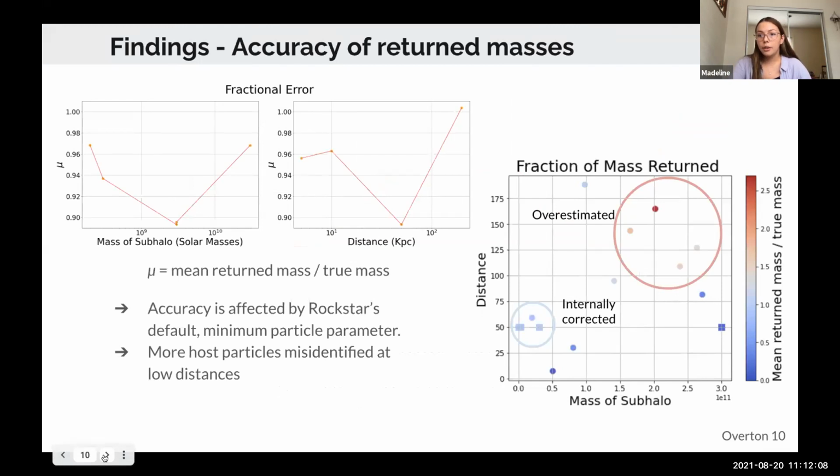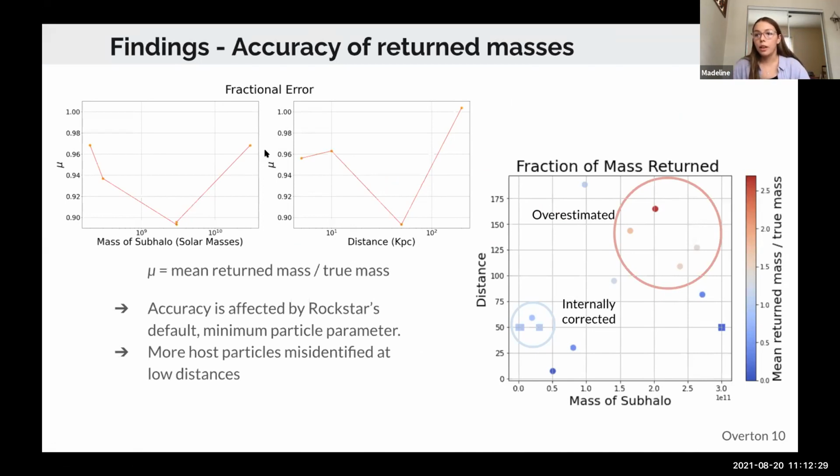I wanted to make sure that I wasn't confusing any effects from mass and distance. Even when they are plotted together, we still see the small clump of internally corrected subhalos that are a little more accurately returned than those around them.